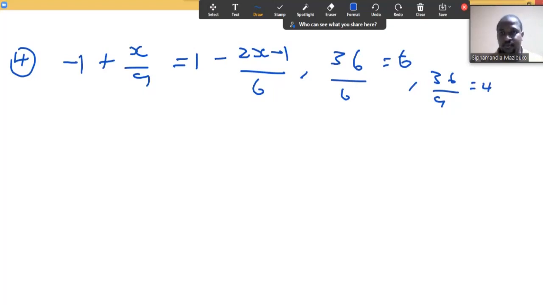Alright, so what do we do here? You see we have minus 1 and we have positive 1 here. So either way we can just take the 1 to that side to make it minus.